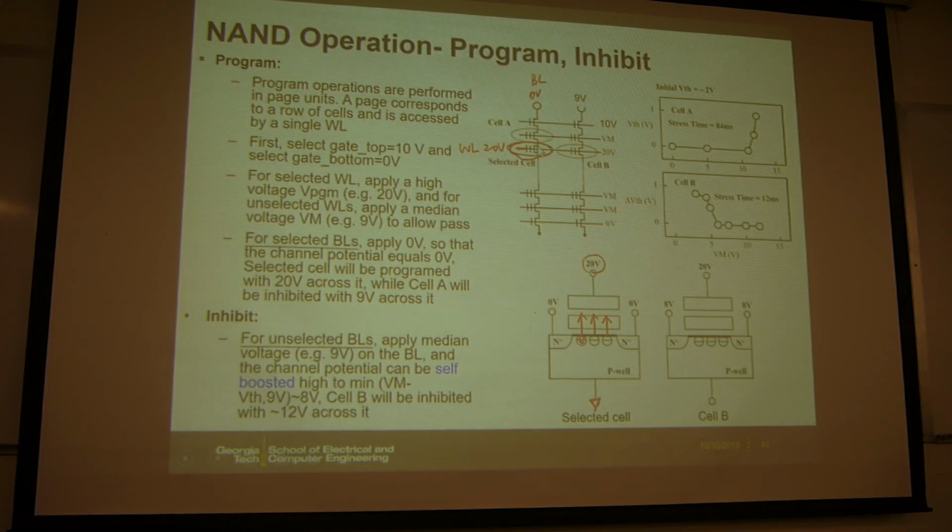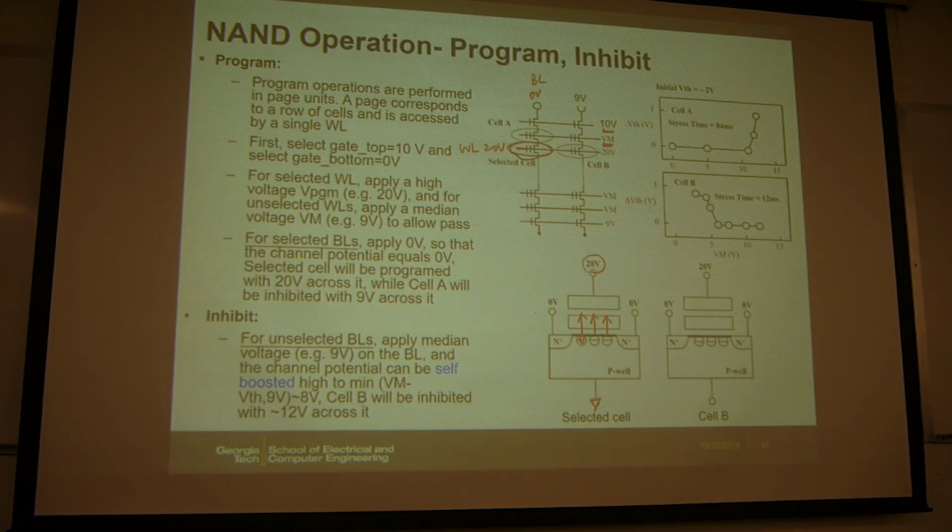To open that transistor, that means you have to, for the first one, this string select, turn it on by some voltage, for example, in this case, 10 volts. And then for the other transistors, we need to apply a voltage called Vm to turn it on.